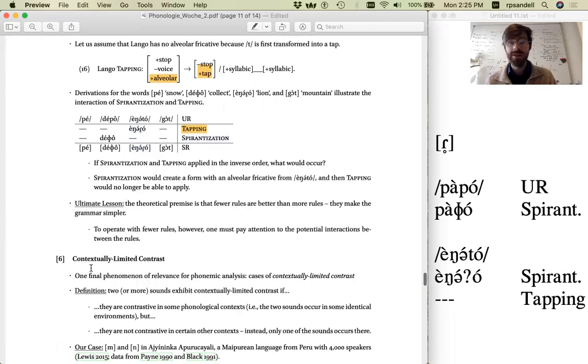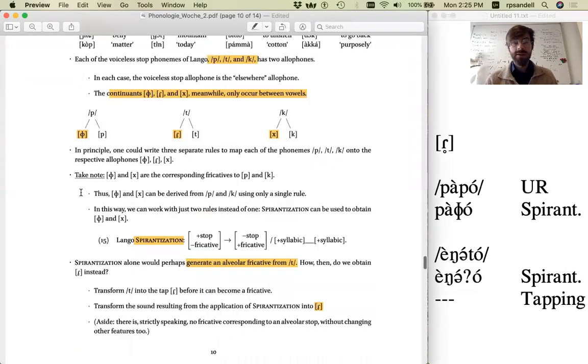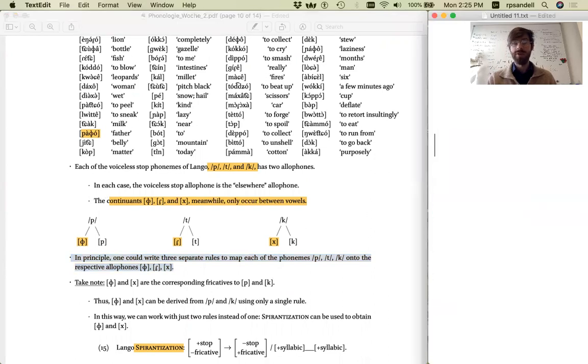So the ultimate lesson, and the point here, is the assumption that I'm making here. Remember I stated one possible solution to this problem: you could simply write one rule corresponding to each of these three phonemes. So we could have written three rules, a rule which says that t becomes the voiceless alveolar tap, and the velar stop becomes the corresponding velar fricative.